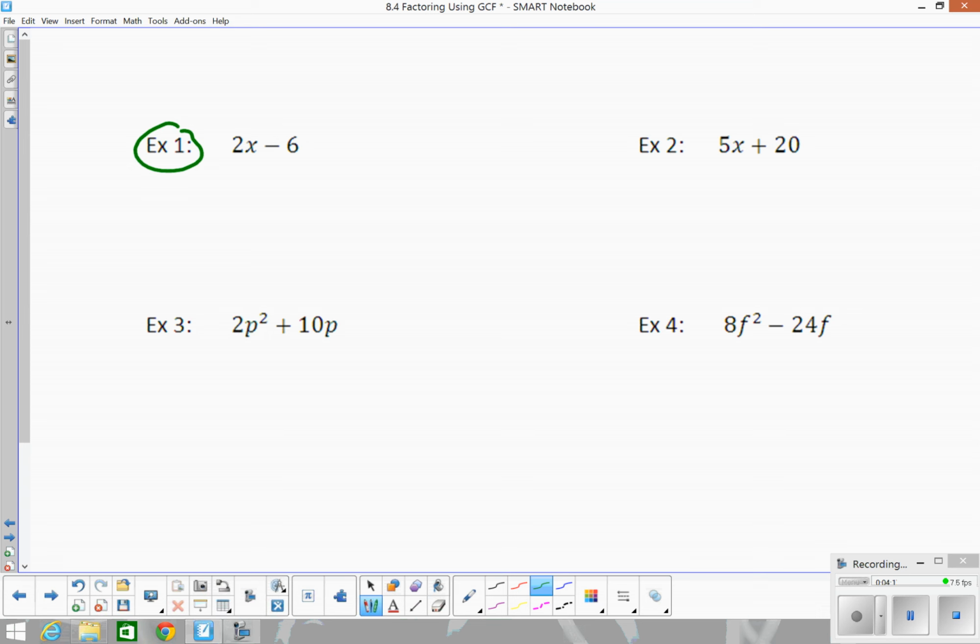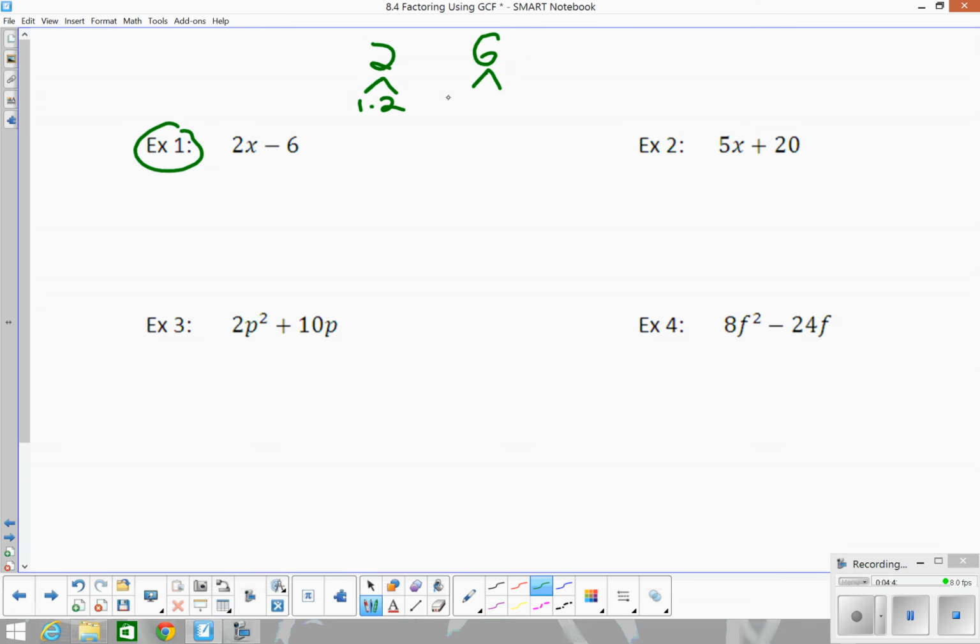Well, what are the factors of 2? If you remember your factor trees, how can I multiply to get a 2? I have 1 times 2, right? I know that. So right here, my greatest common factor would be 2. Let's look at 6, or a negative 6. Well, you could just talk about 6, then go back to negative 6. Okay, so I have my factor tree.